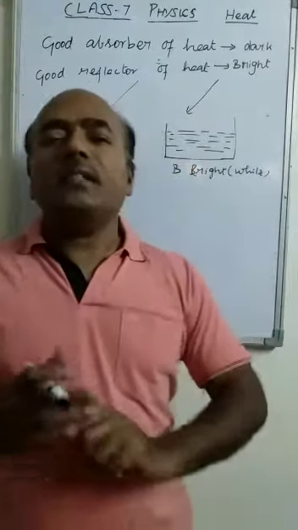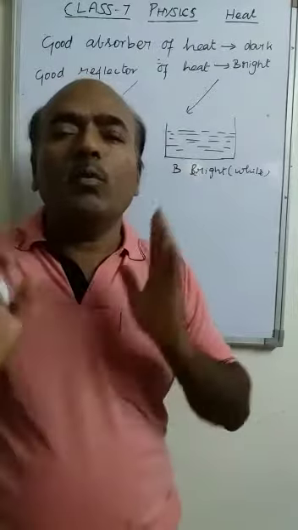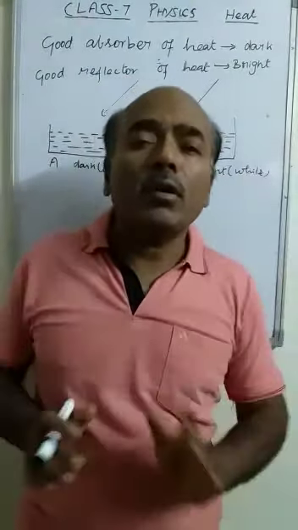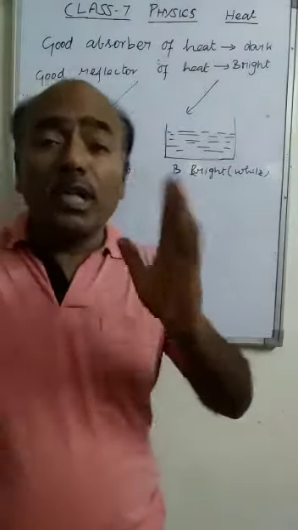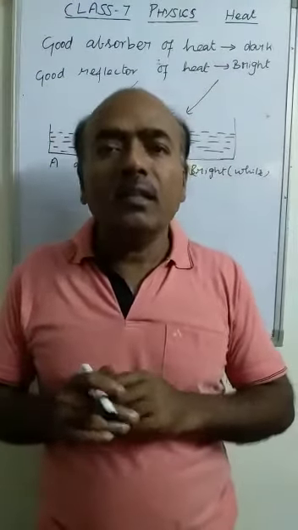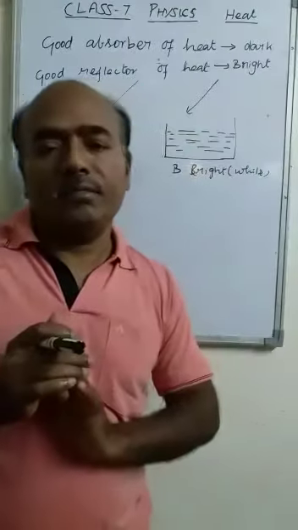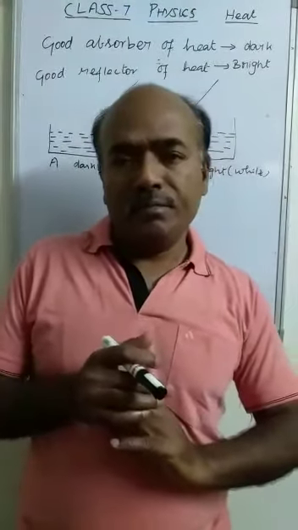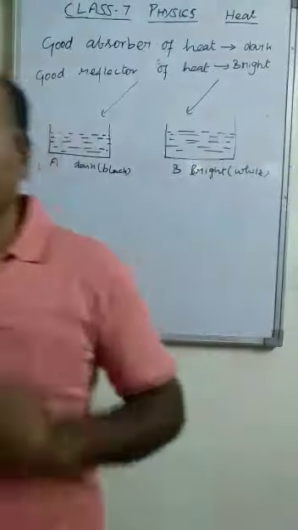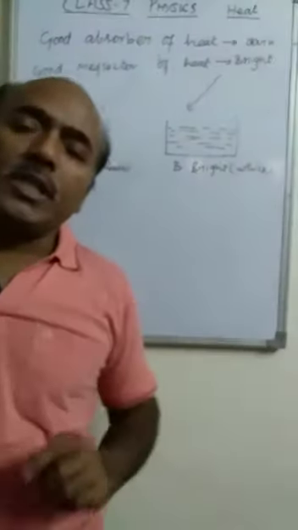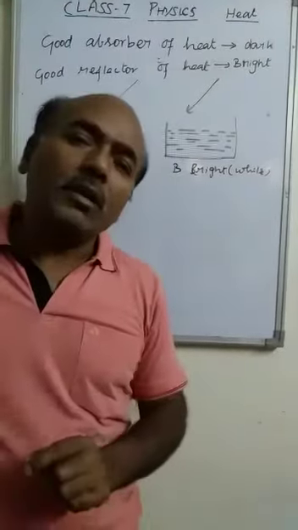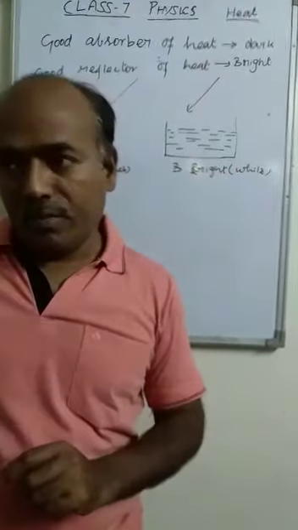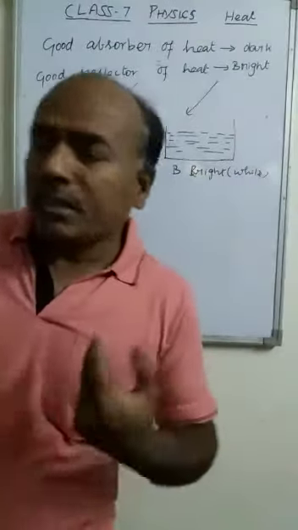To prevent this loss of heat from our body, what are we wearing? We are wearing woolen clothes. Woolen clothes are good insulators of heat. They don't allow heat to flow through them. That's why during winter season we mostly prefer dark color clothes and woolen clothes also.